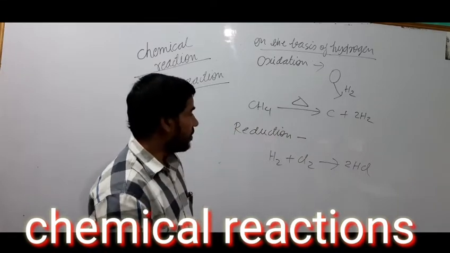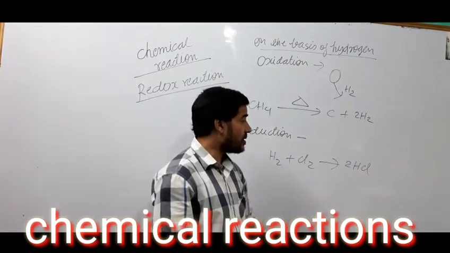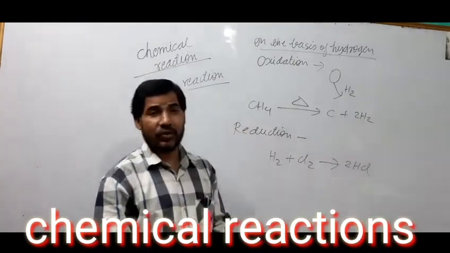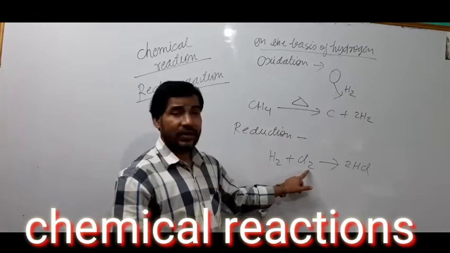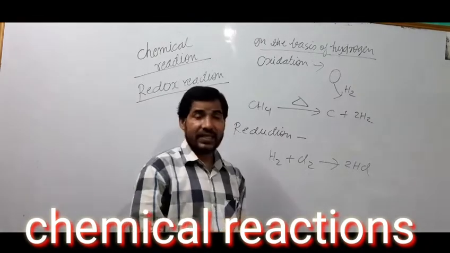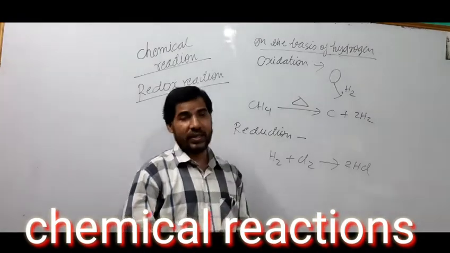Here you are seeing towards the reactant side, chlorine is alone, but towards the product side, chlorine is present with hydrogen. It tells us that addition of hydrogen takes place in chlorine. So since in this reaction addition of hydrogen takes place, it will be the example of a reduction reaction.